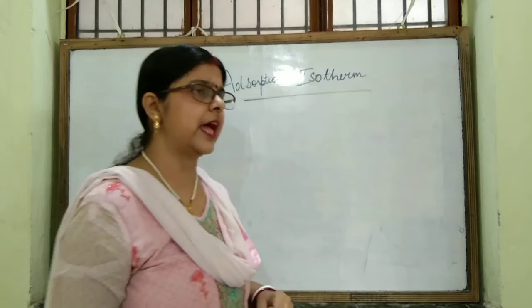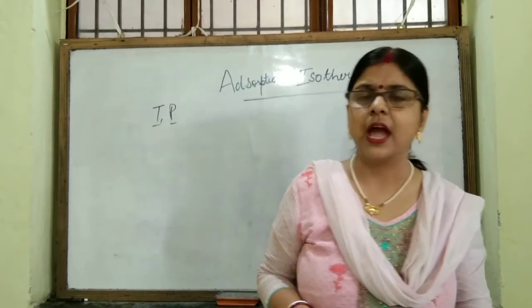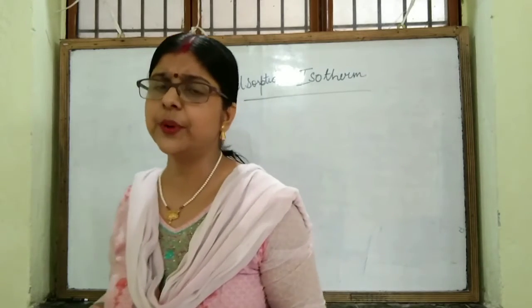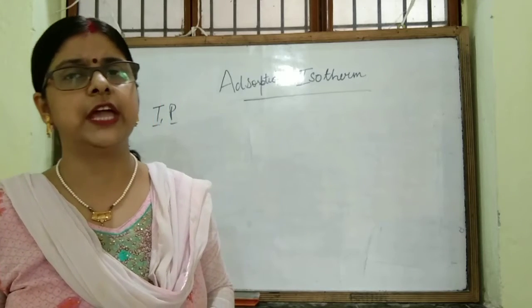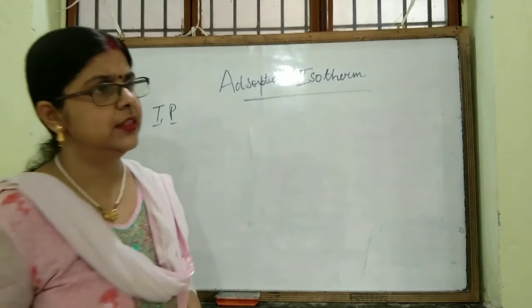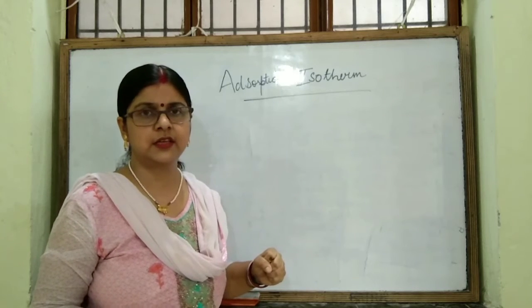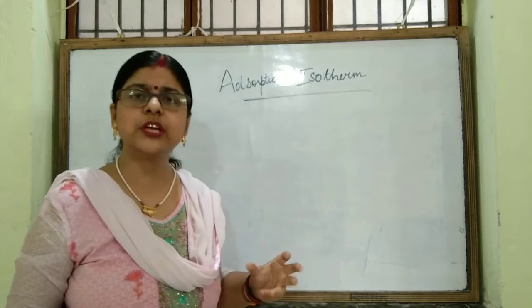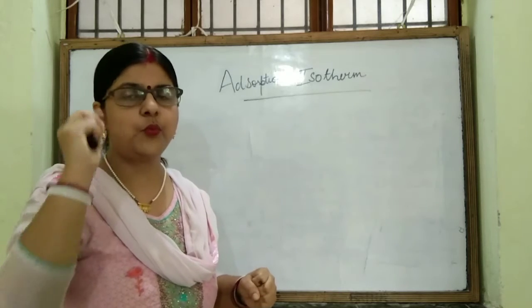It is seen that if the temperature is kept constant and pressure is increased, then in the beginning, with the increase in pressure, the rate of adsorption increases. But when the saturation point is reached, what happens?